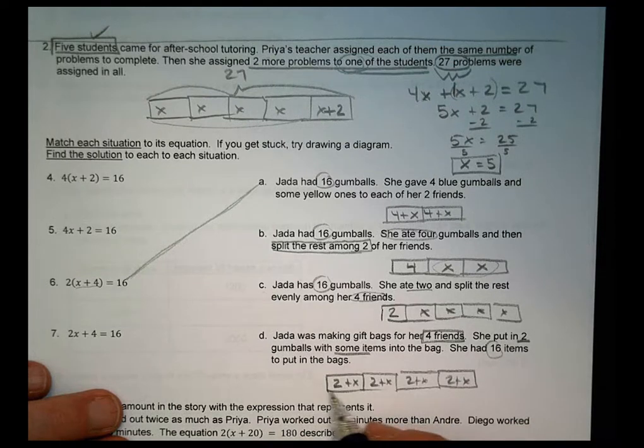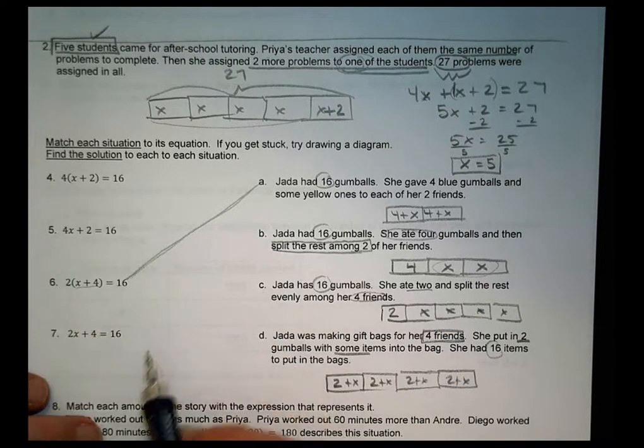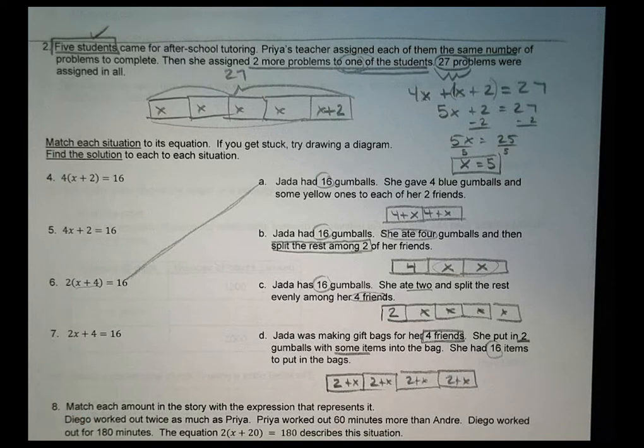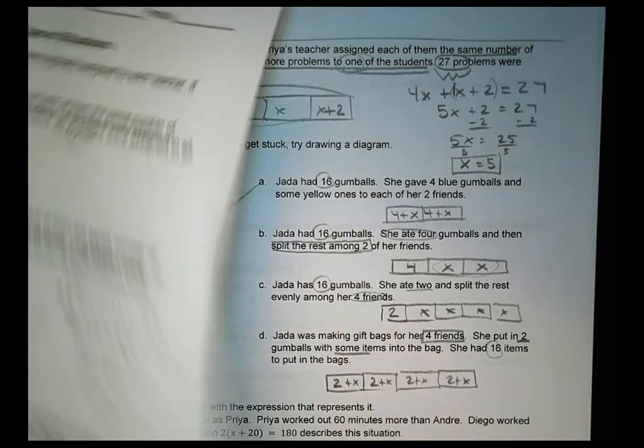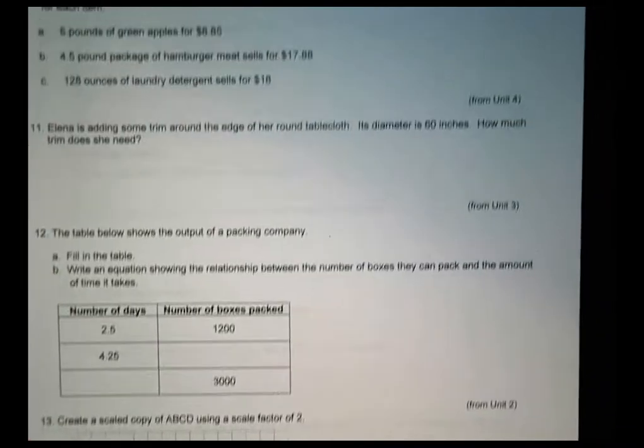So in this case we have 4 groups of 2 plus x, and they all combine to make 16. So there's enough information there to help you find the matching equation, I hope. I'm going to skip number 8, let you do number 8 on your own, and look over here on the back side.